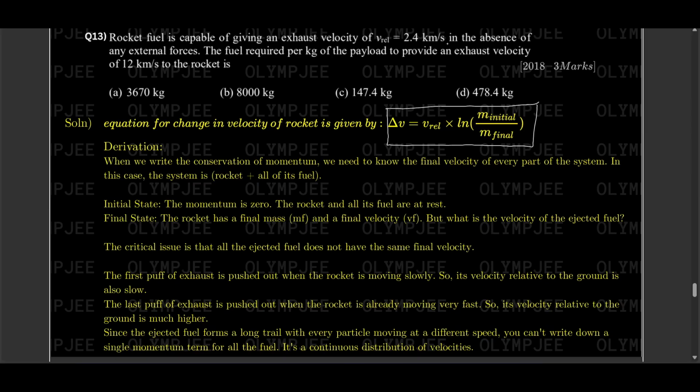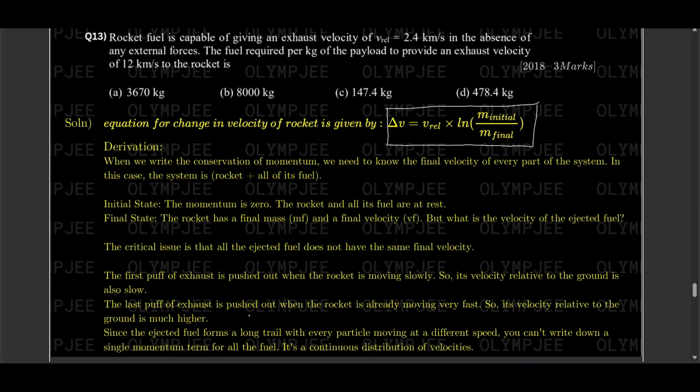Because here we have been given v relative, we know how the velocity of the fuel varies as a function of the velocity of the rocket, and the velocity of the rocket is changing at every point. So if we only look at the initial and final states, we don't know the velocity of the fuel ejected, because the first puff of exhaust is pushed out when the rocket is moving slowly, so the relative velocity will also be very small, right?